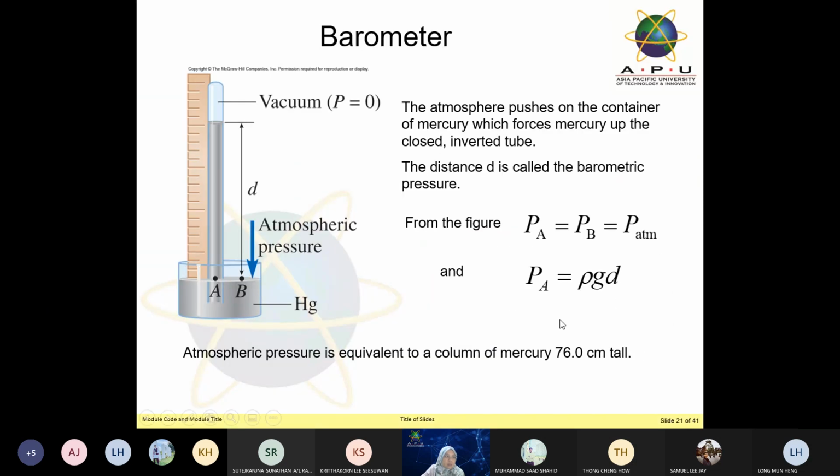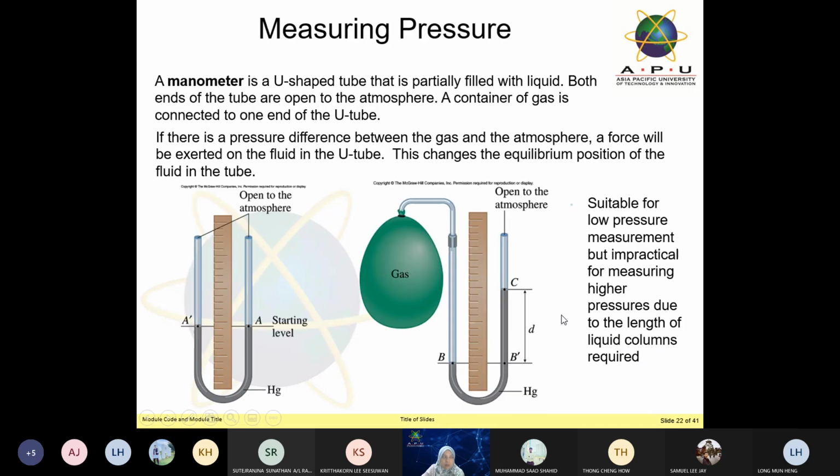This one is the barometer. It has 2 points only, PA and PB. No PC. The barometer has 2 pressure points. PA is inside the tube. PB is outside the tube but at the same surface.